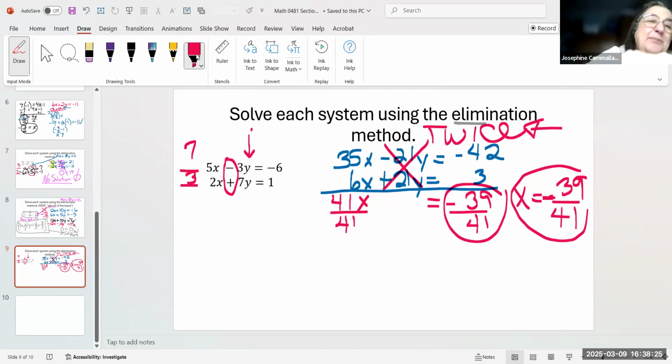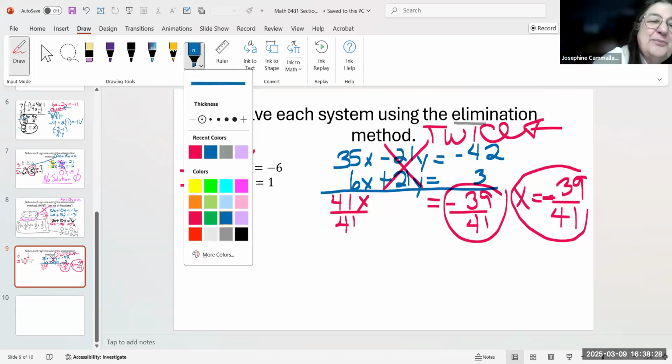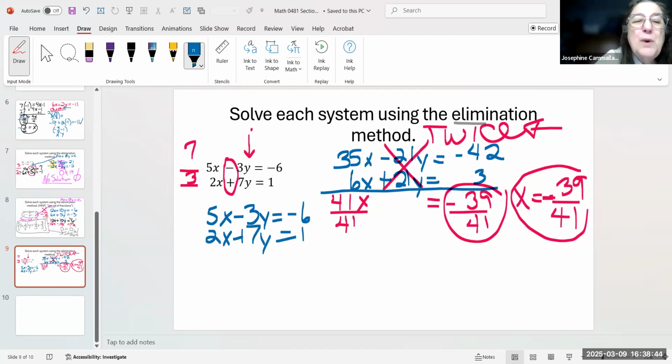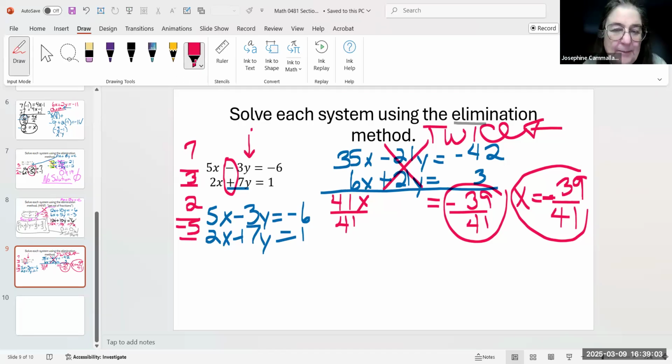Well, I have here the 5x minus 3y is equal to negative 6. I have the 2x plus 7y is equal to 1. Well, we got rid of the y's. This time, when I do the elimination method, I'm going to put the 2 up here, and I'm putting a negative 5 at the bottom because both of my x's are positive.